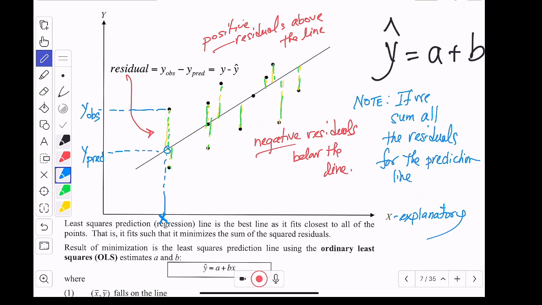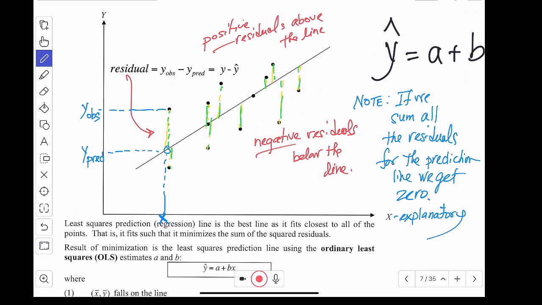So to avoid that, we want to maintain the magnitude of the residual, not the sign. What we do, just like the standard deviation, is we square them, and we try to find the least squared residual, a line such that we minimize the squared residuals.